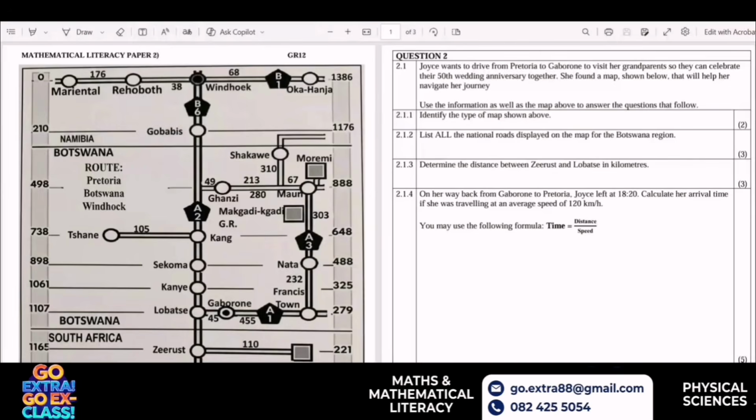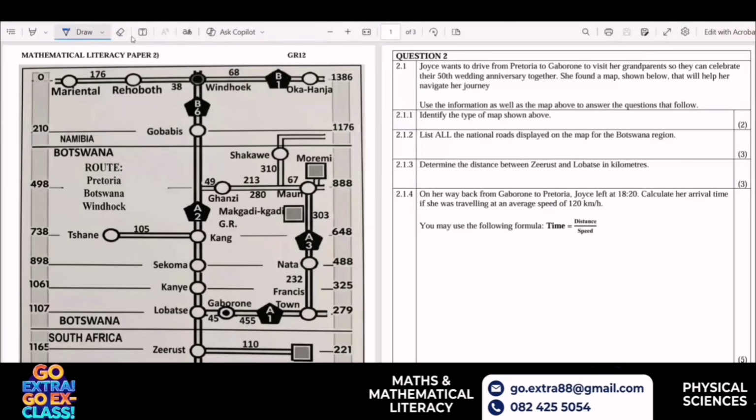Now here the question says identify the type of map shown above. Obviously it is this map here, the one that I've put this side here. So what type of map is this one?